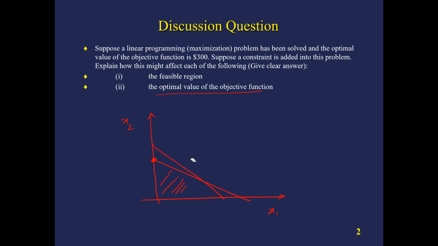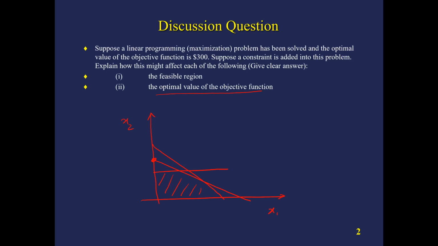However, if we add a constraint like this one, and our new feasible region is this one, then of course the optimal point, which was in the previous feasible region, is no more there.